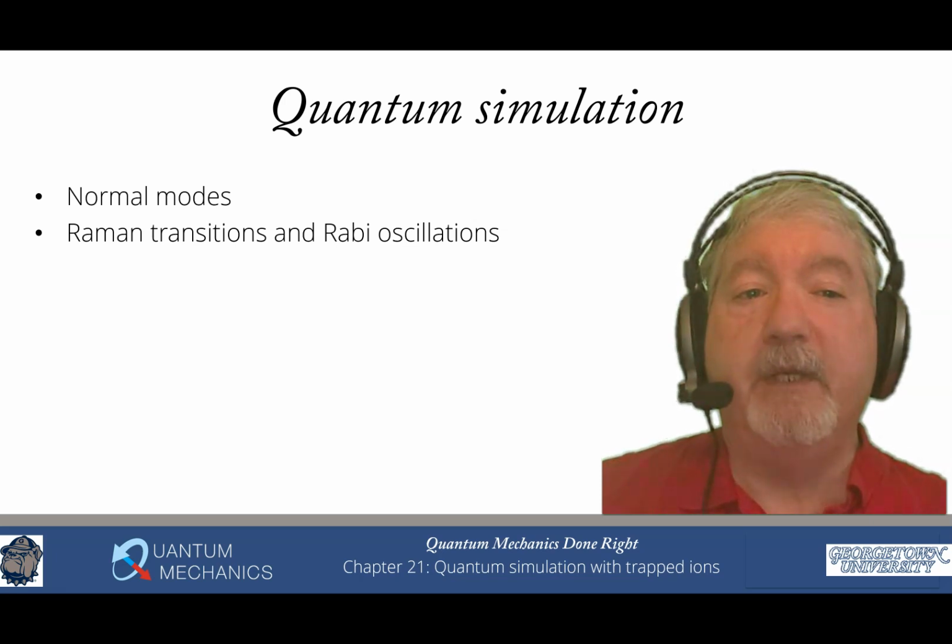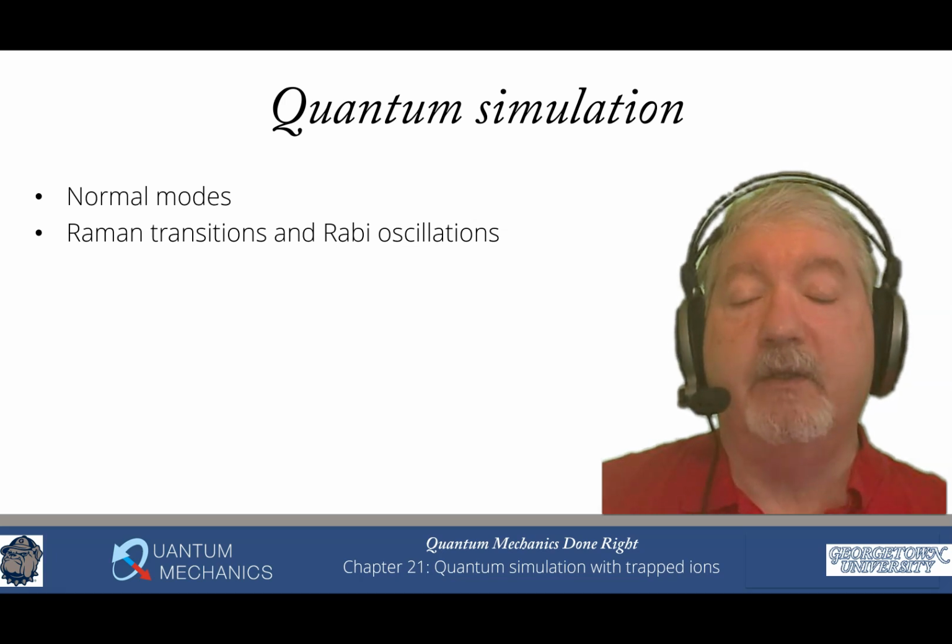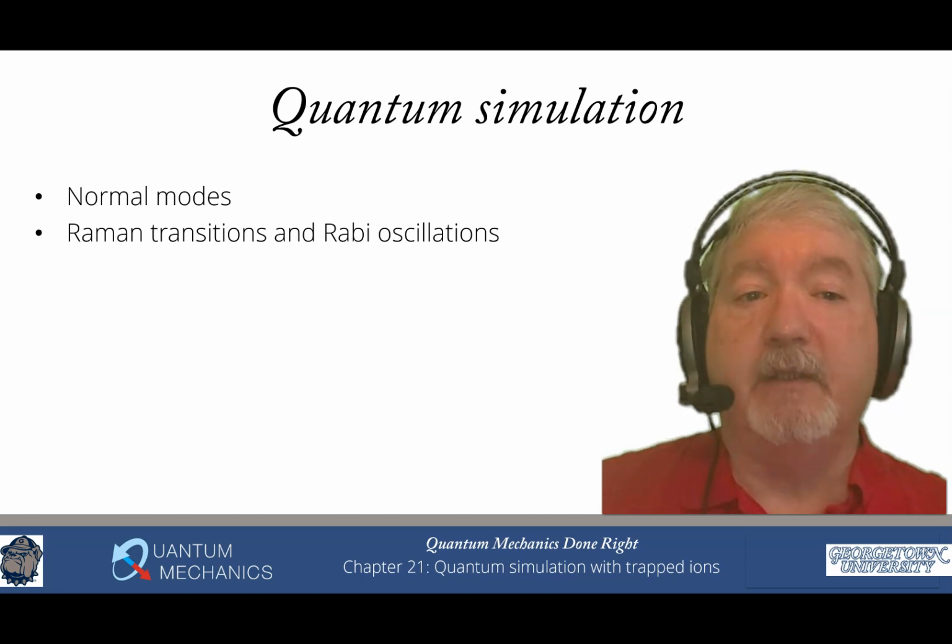It's not a real spin. You just have two atomic states, but you can control transitions between one and the other. And if you do that in a regular fashion, you get what's called a Rabi oscillation. And this is one of the tests that you use when you're trying to verify that your trapped ion device is properly representing spin 1/2 quantum states.